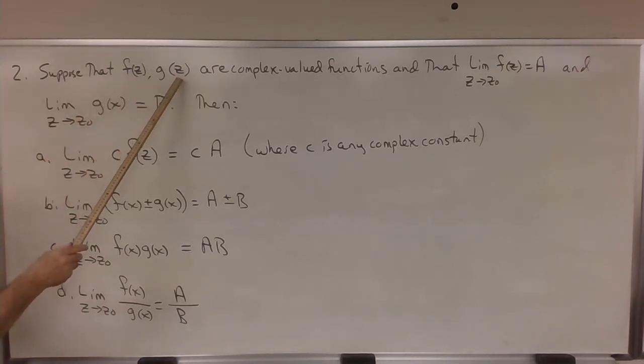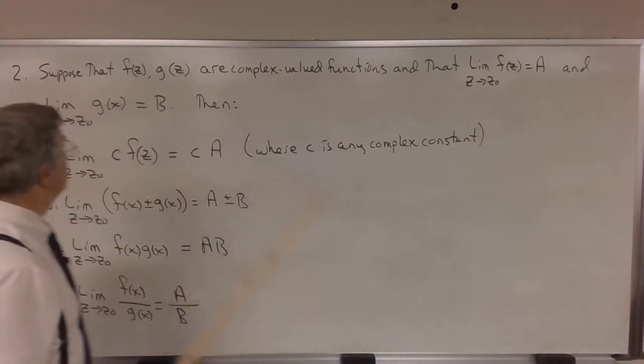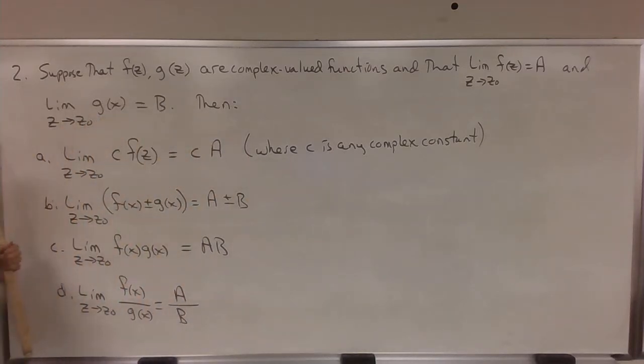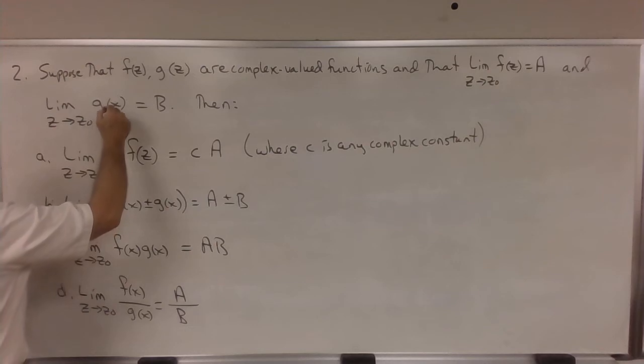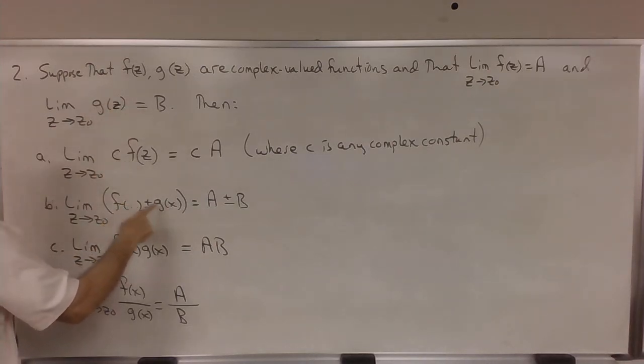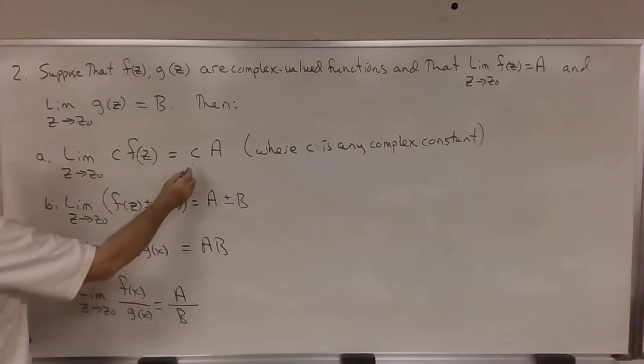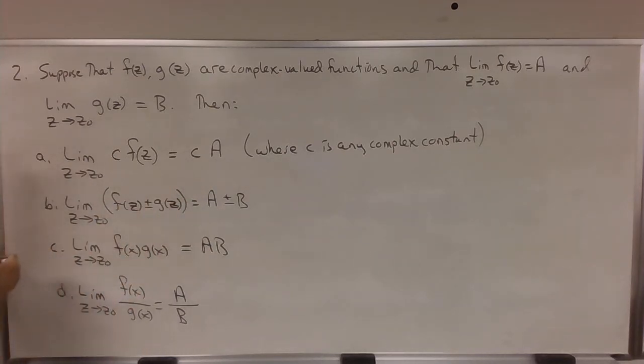Suppose that f of z and g of z are complex valued functions, and that the limit of f of z is a, and the limit of g of z is b. Then the limit of a constant times f of z is just c times the limit a. So the limit of a constant times a function is just the constant times the limit of that function.